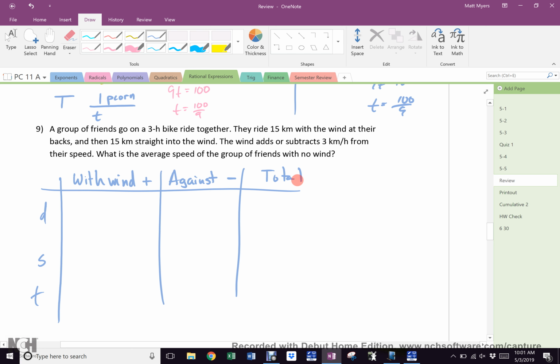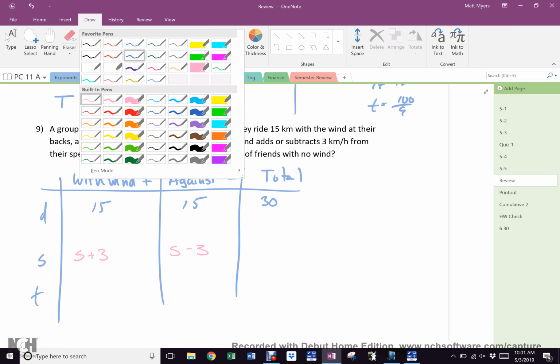How far do they ride their bikes? 15 and 15. Do we know how fast they rode? We don't know how fast they rode, so what must we give it? A variable. The wind helped them, how much? +3. The wind hurt them, how much? -3. What finds me time?